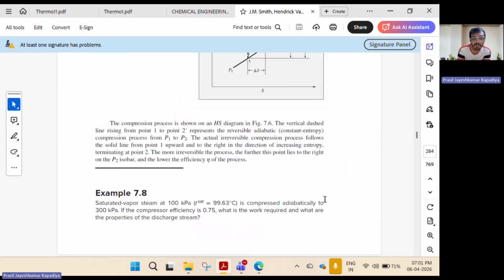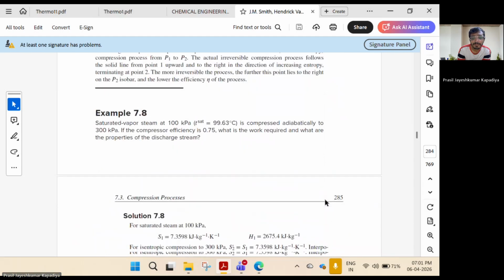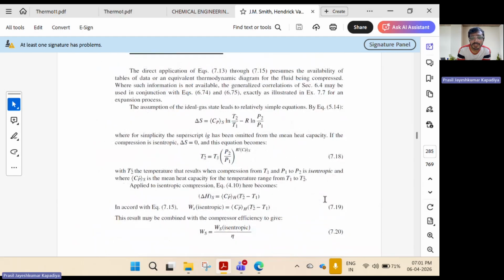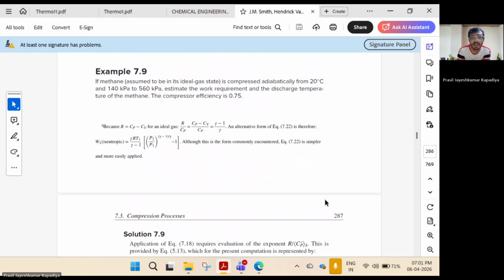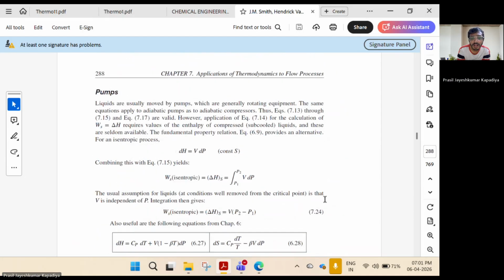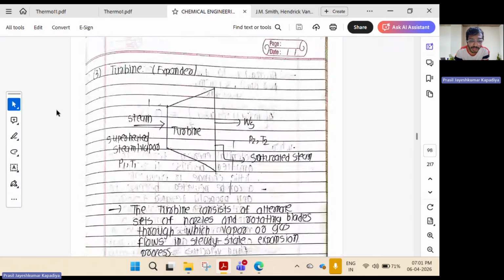Okay, now let's move ahead to the pump. So what is the use of a pump? First we had a look at the turbine. What does the turbine do?